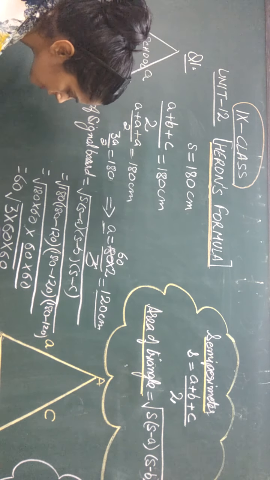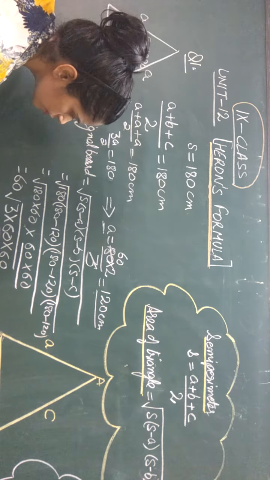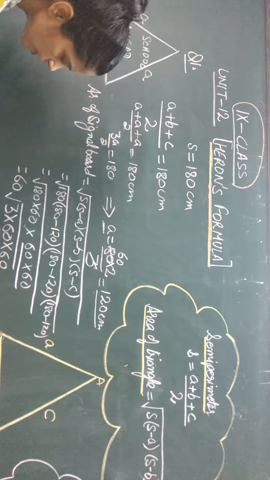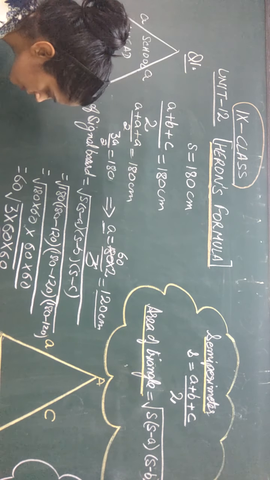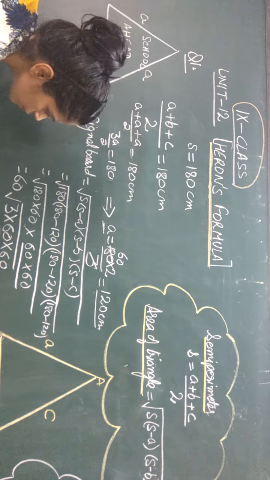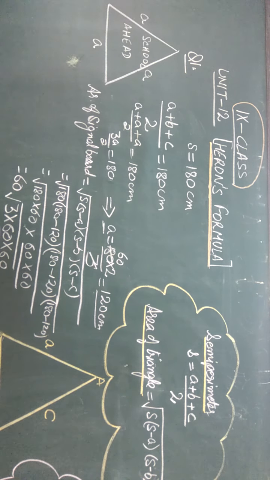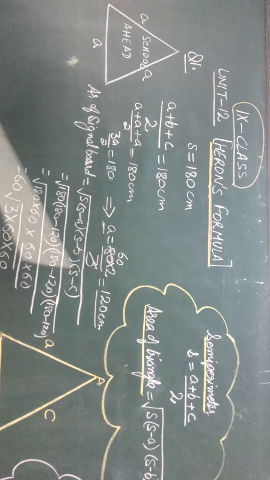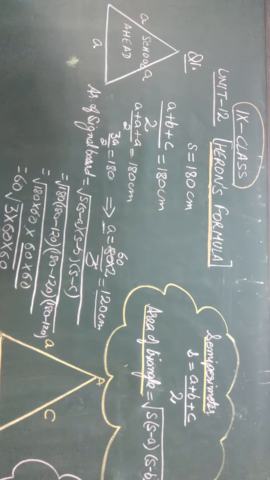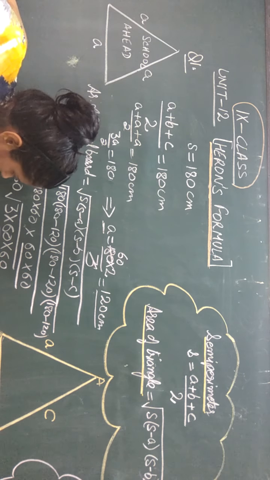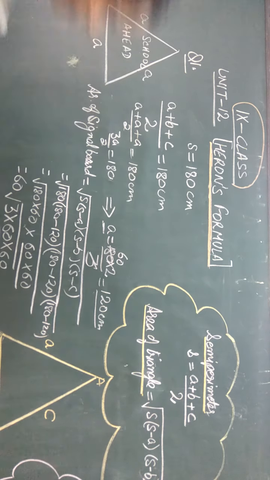So 60 multiplied by 60 under root 3 gives 3600 root 3. And because the unit is centimeter and for area a square unit should be used, we will write centimeter square. So dear students, in this way you will be able to solve the question.